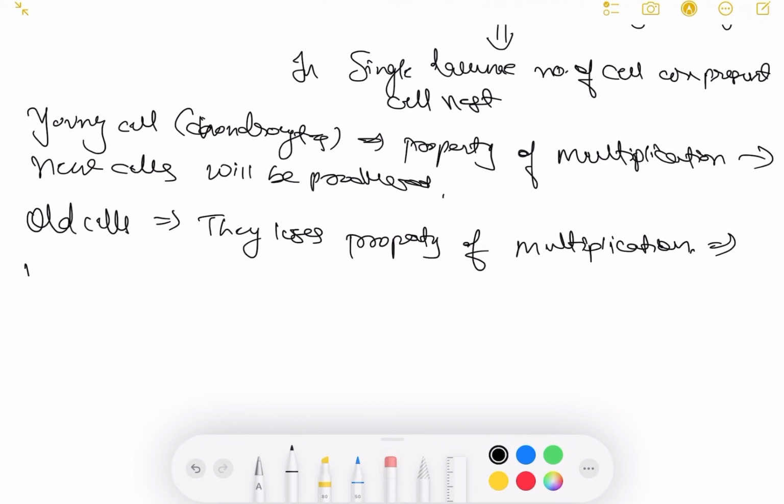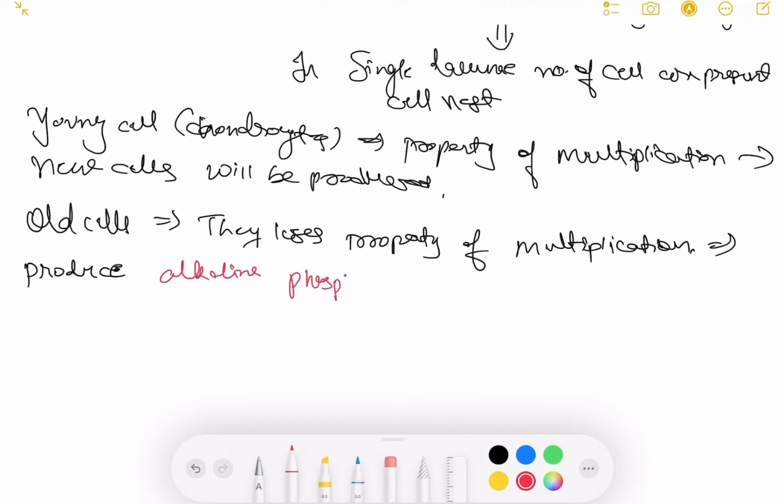They will produce an enzyme, that is alkaline phosphatase. Let's write it more clearly so that you can easily see.